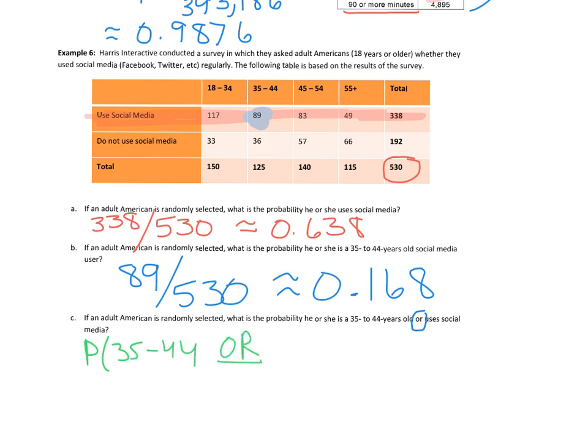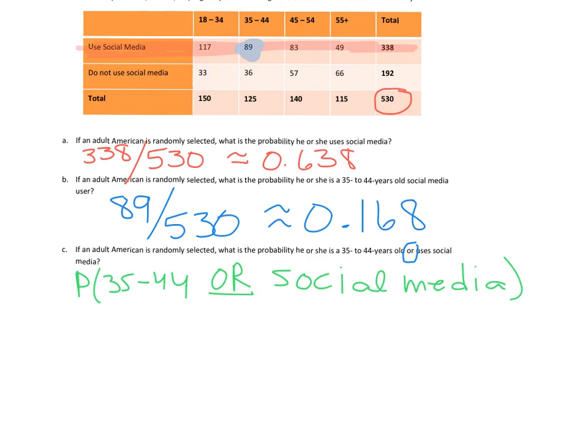And we see that word or. What's that operation? Addition. So we can break that down according to our rule like this. I'm going to abbreviate social media by just SM.